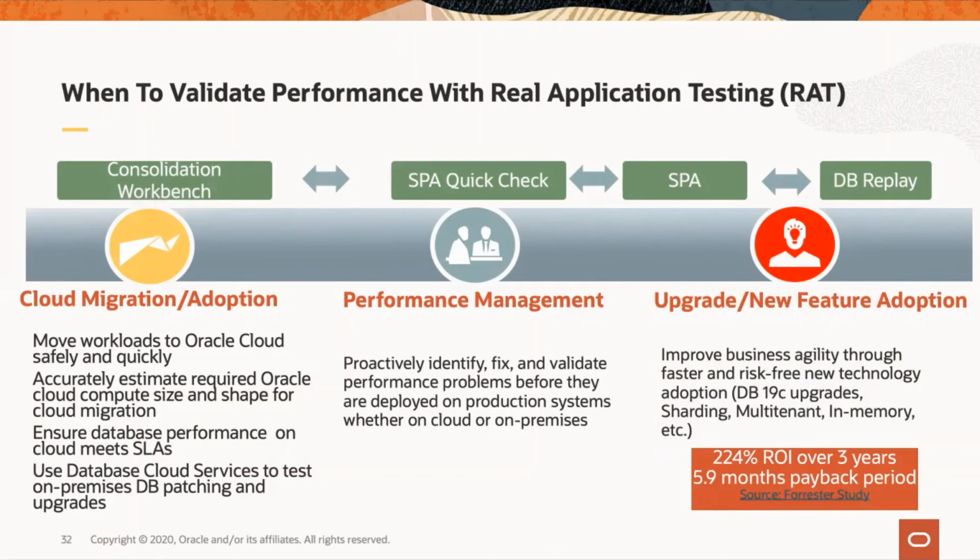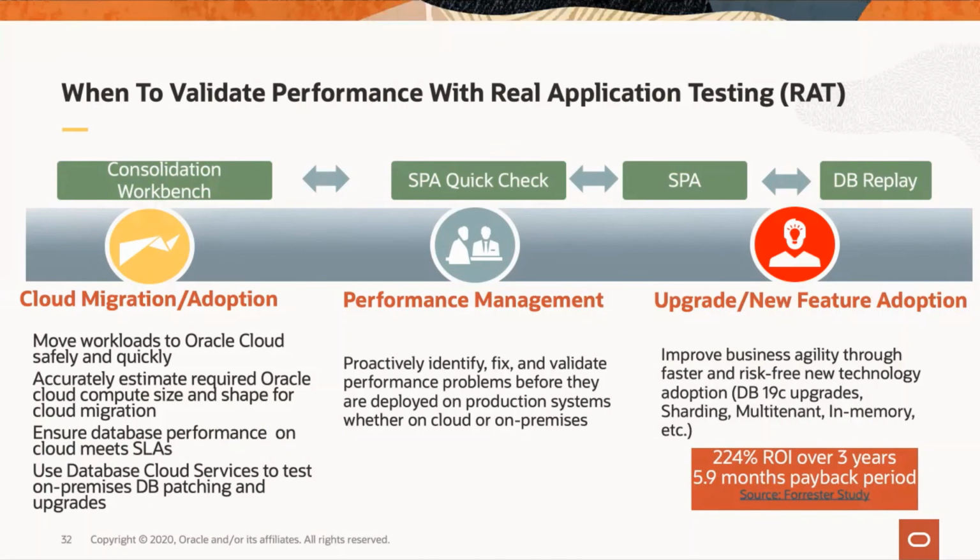Next, you have performance management. We talked about that in the previous slide. Identifying problems, fixing them, validating them before you push them live. Anywhere, whether it's in your on-prem or cloud environments. And lastly, adoption of new features of the database or upgrading to the newest release of the database.